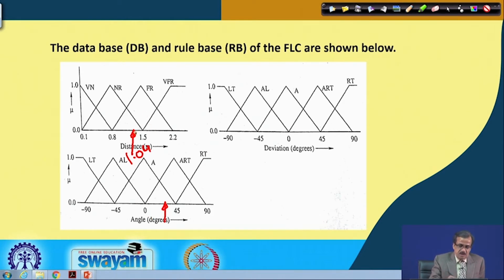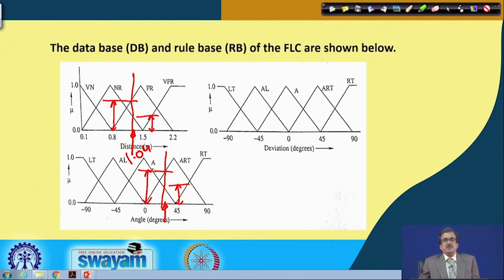Corresponding to this particular 1.04, this distance can be called near with this much of membership function value, and it can also be called far with this much of membership function value. Similarly, this angle 30 degree can be called ahead with this much of membership function value, and it can also be called ahead right with this much of membership function value.